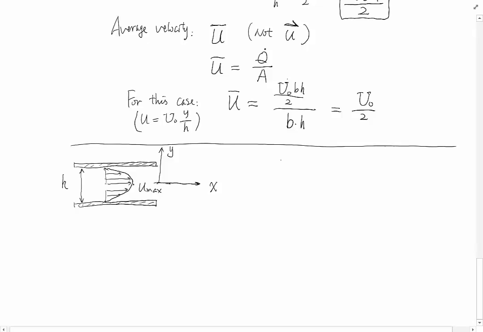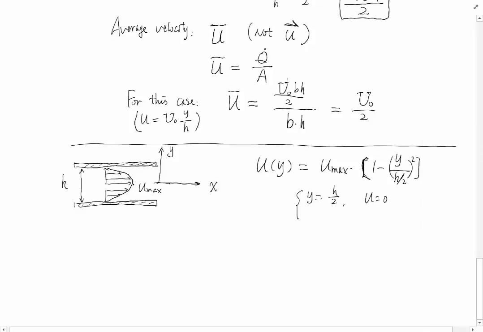Okay, so the velocity profile in this case is U max times 1 minus y divided by half h, squared. Okay, this velocity profile will satisfy when y equals half h, U equals 0.